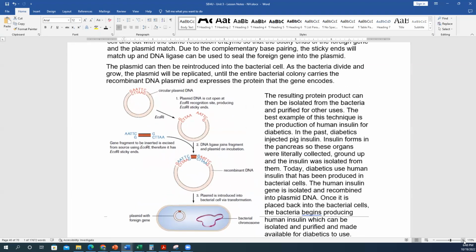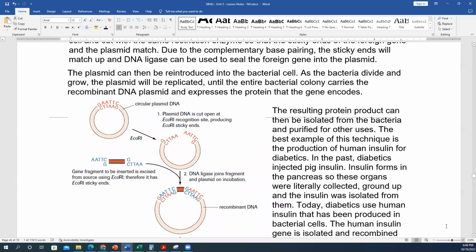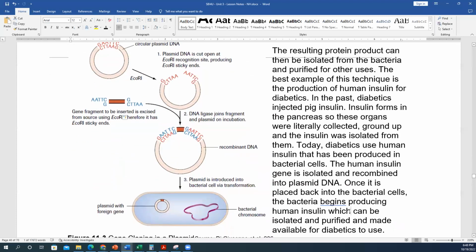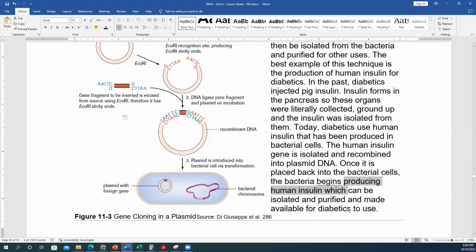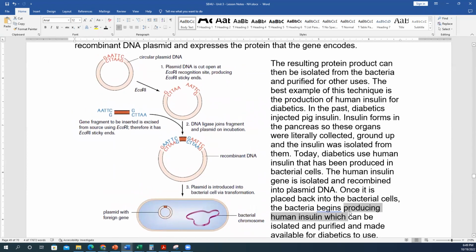So let's talk a little bit more about gene cloning and how it's done using plasmids. One of the important techniques is gene cloning.